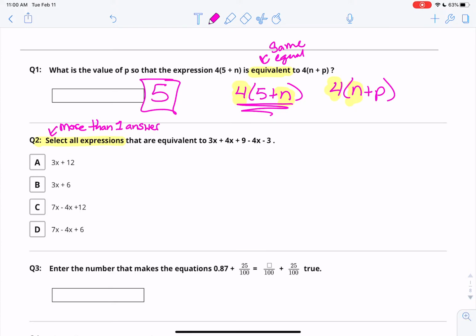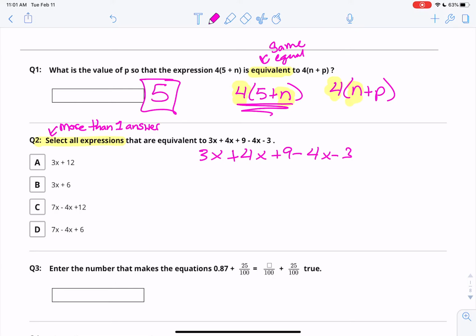And equivalent means equal to or the same as this expression, 3x plus 4x plus 9 minus 4x minus 3. We notice they went from this really long expression to A, B, C, and D, which is much shorter. So that means they had to combine like terms. They had to simplify this thing.